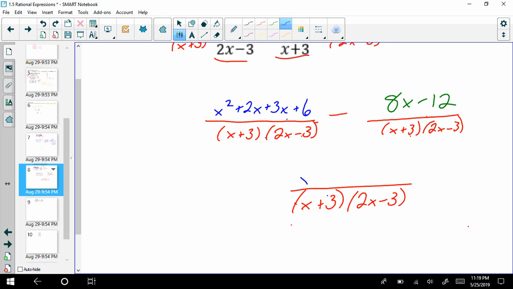So I have my x squared. 2x plus 3x is 5x, but then 5x minus 8x would be a negative 3x. So I combined all the x's up top. And then I have 6 minus negative 12. 6 minus negative 12. So that would be 18.